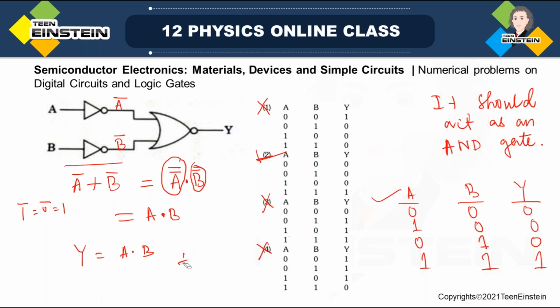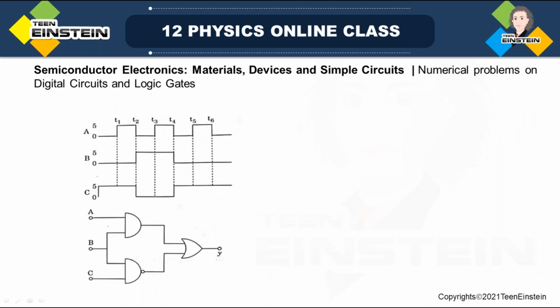All right, so we have solved this problem also. We'll go to the next one. So this problem seems to be a little bit tricky, right? Oh, just a minute. I have forgotten to give the options here.